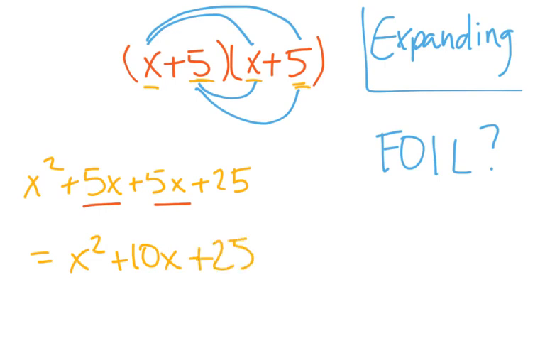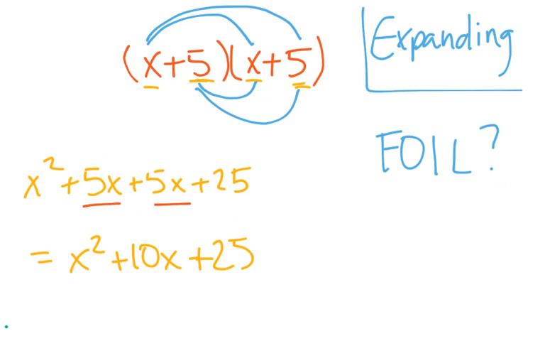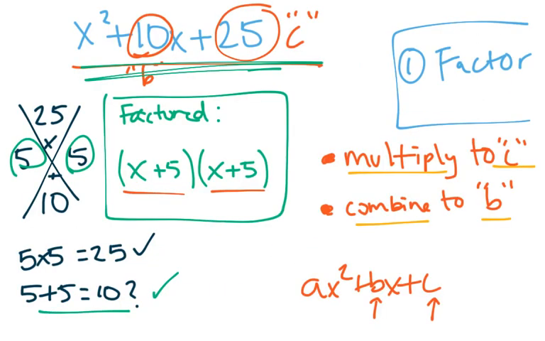Is that the same thing as what we started with? The answer is, oh yeah, most definitely. So that means that I have successfully factored it here. I did that right. So the way you can check factoring is by expanding it back into the original quadratic. Factoring and expanding in this form are the opposites of each other.